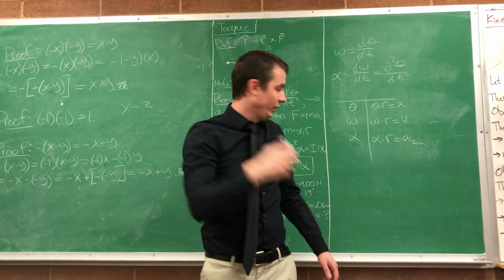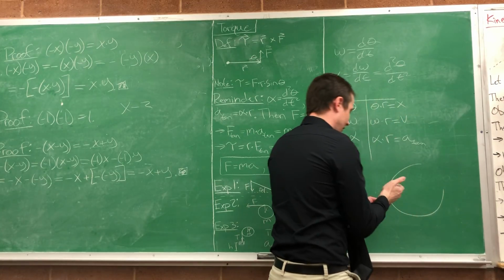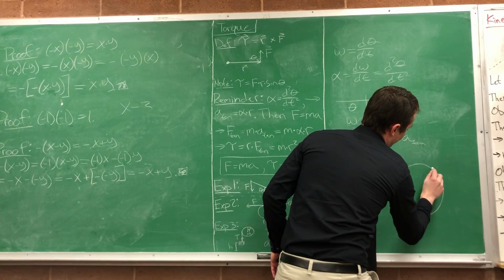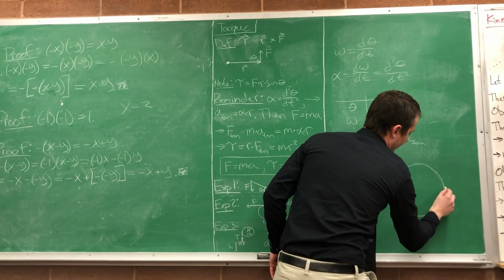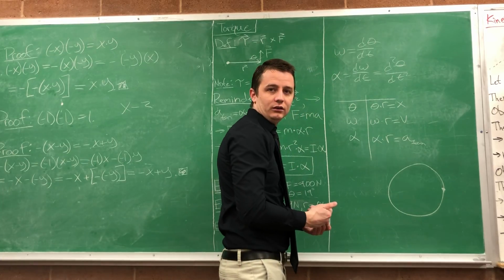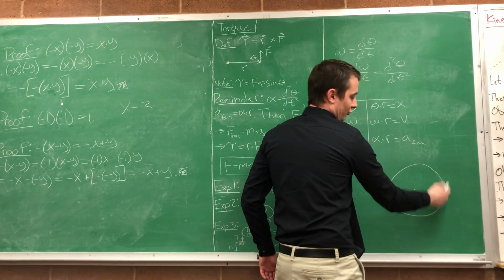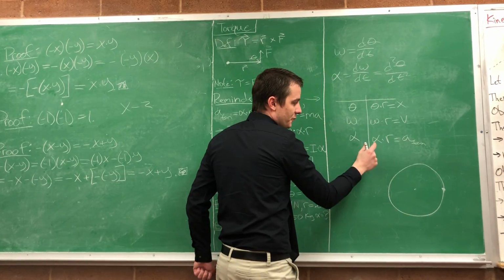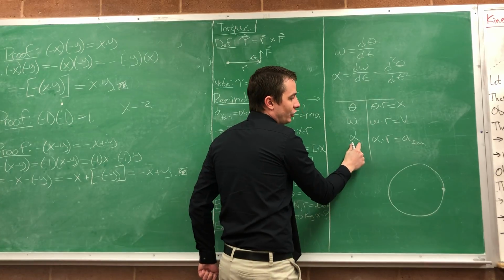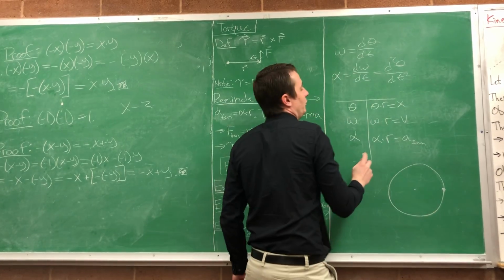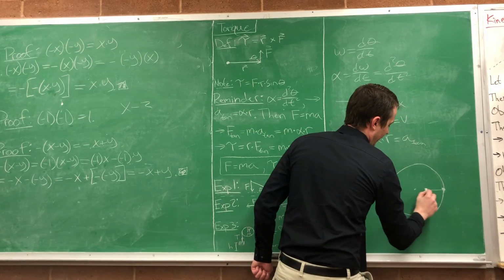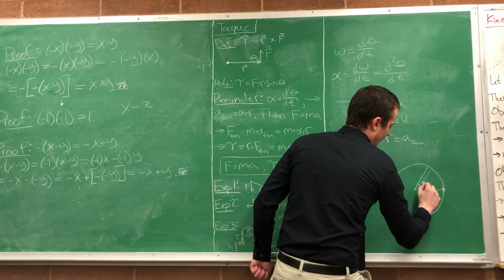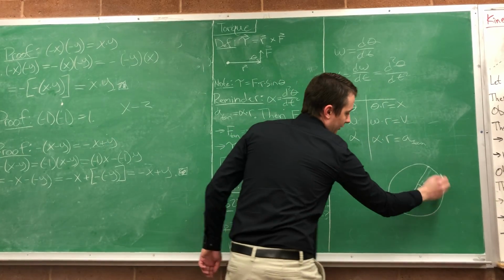Let's think about a point on a wheel for a second. Here I've got a wheel, and here I've got a point, and this wheel is spinning. The wheel goes in 1 second, it spins its distance theta, from here to here.